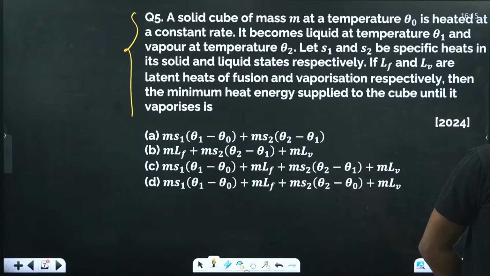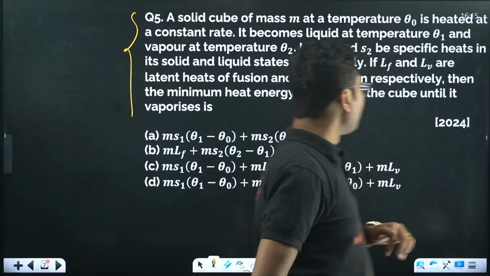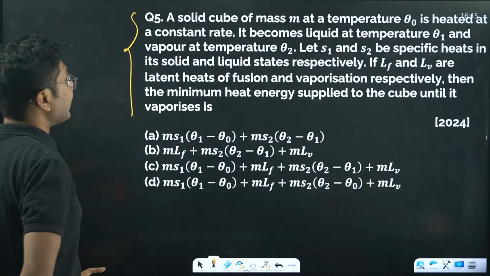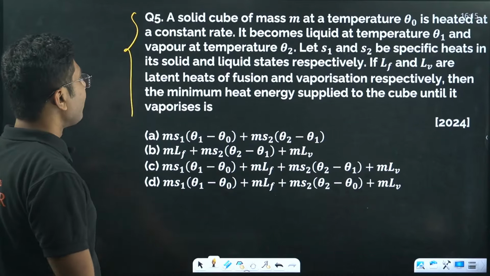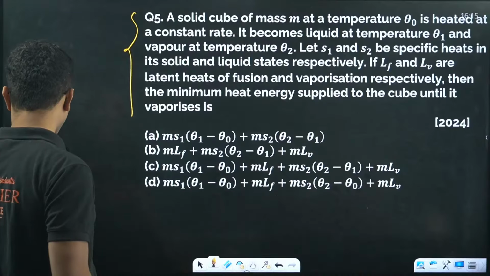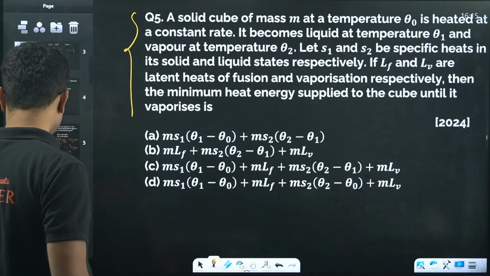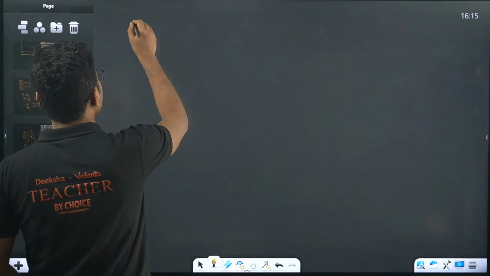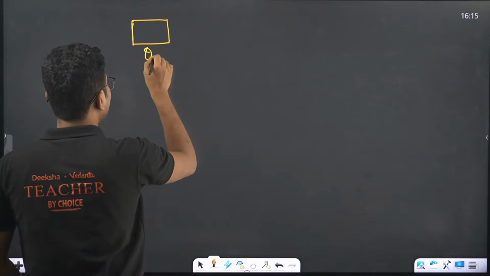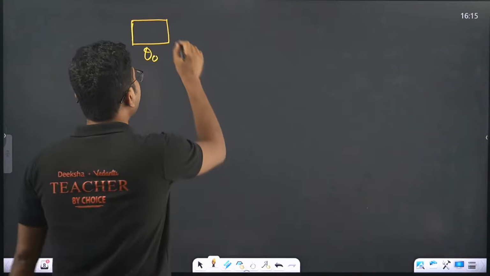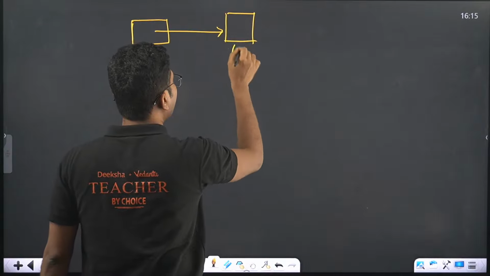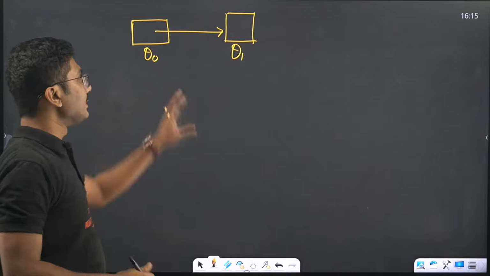Hello Vidya. Okay, so what will be the answer to this question? The language of this question is very long, so let me break it down for you. First of all we have an object at a temperature theta naught. We bring it to a temperature of theta 1. This is solid.